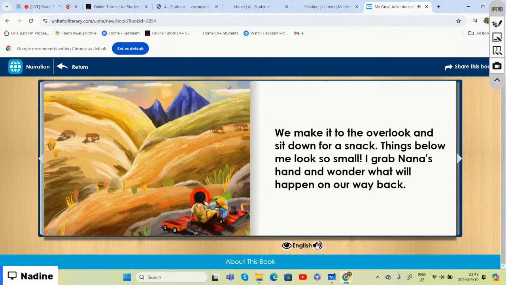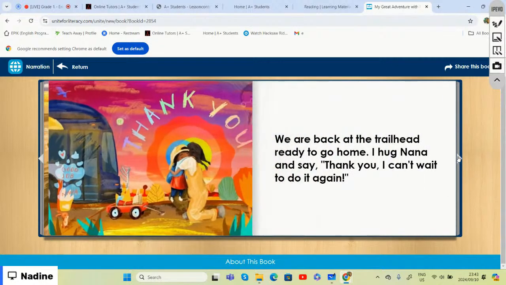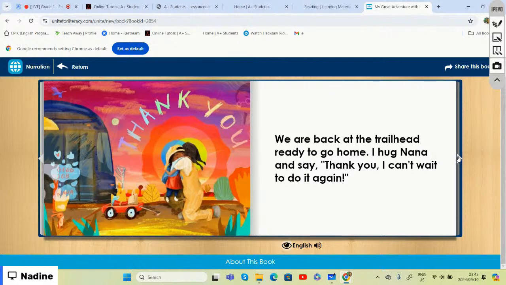Things below me look so small. I grab Nana's hand and wonder what will happen on our way back. We are back at the trailhead, ready to go home. I hug Nana and say, "Thank you. I can't wait to do it again."